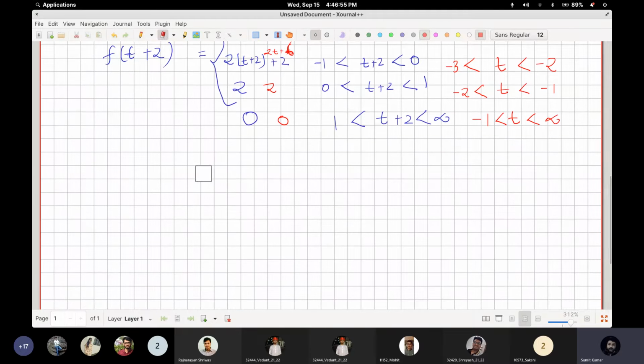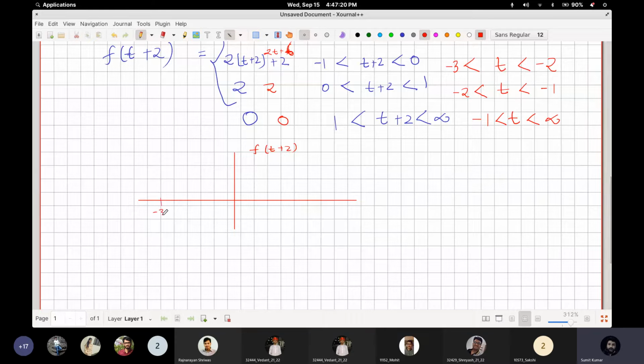Okay, so let me draw this in red only, so that it will be clear to all of us. So we are drawing f of t plus 2, right? And this signal is going to start from minus 3.